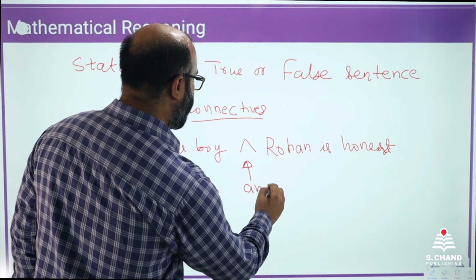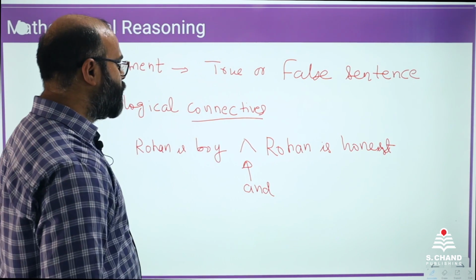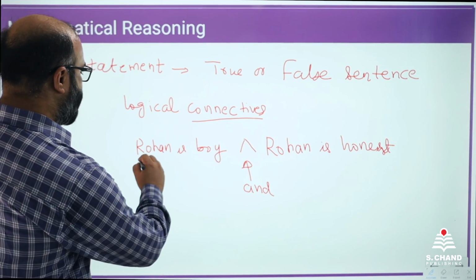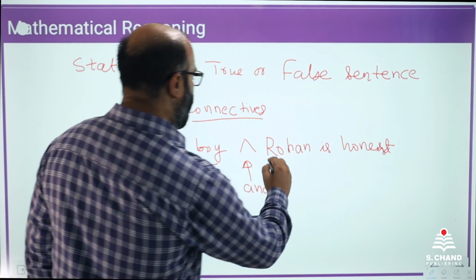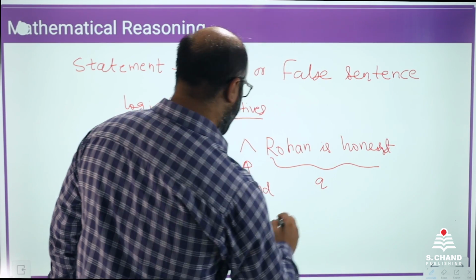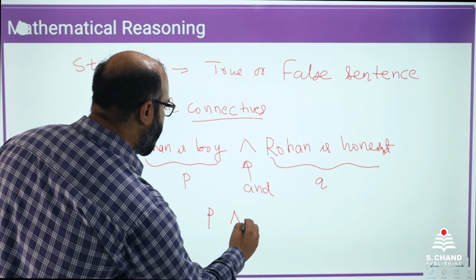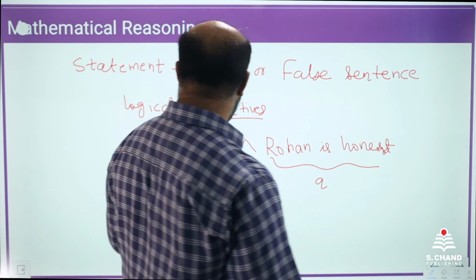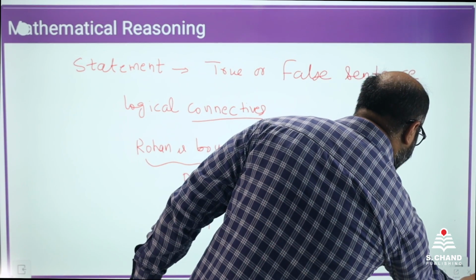The "and" here is represented by this symbol, and this is a connective. So "Rohan is a boy" is a statement P, "Rohan is honest" is a statement Q. So we say P and Q is a conjunctive statement, and this is a logical connective.